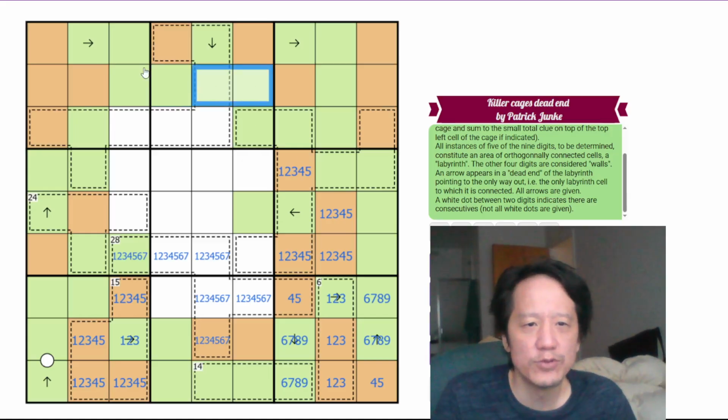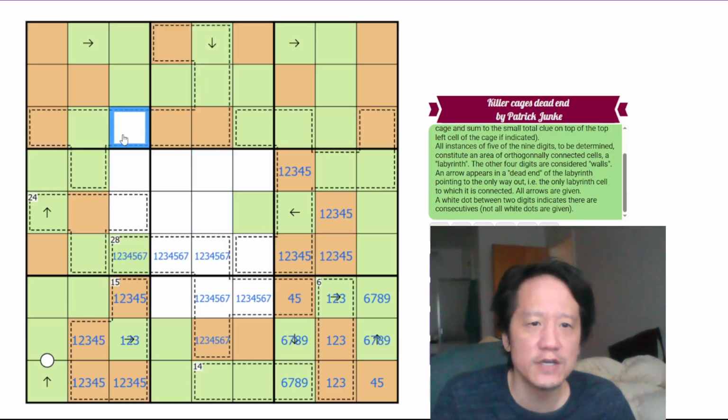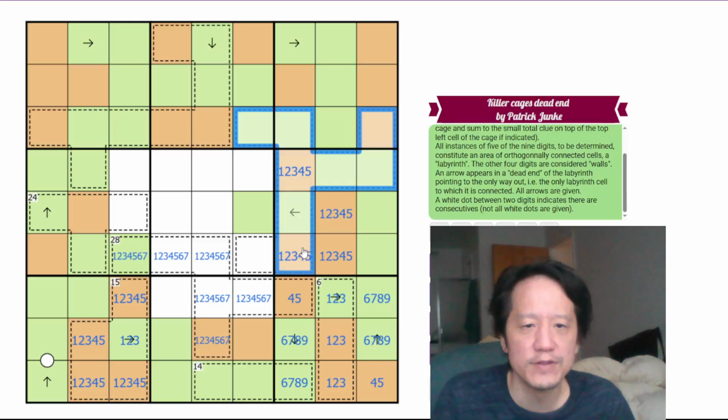So this is labyrinth. We have 5 labyrinths in box 2, so that means these are walls. We have 4 walls in this cage, so that means this is labyrinth. We have 1, 2, 3, 4, 5 labyrinth in this cage, so that means this is a wall.